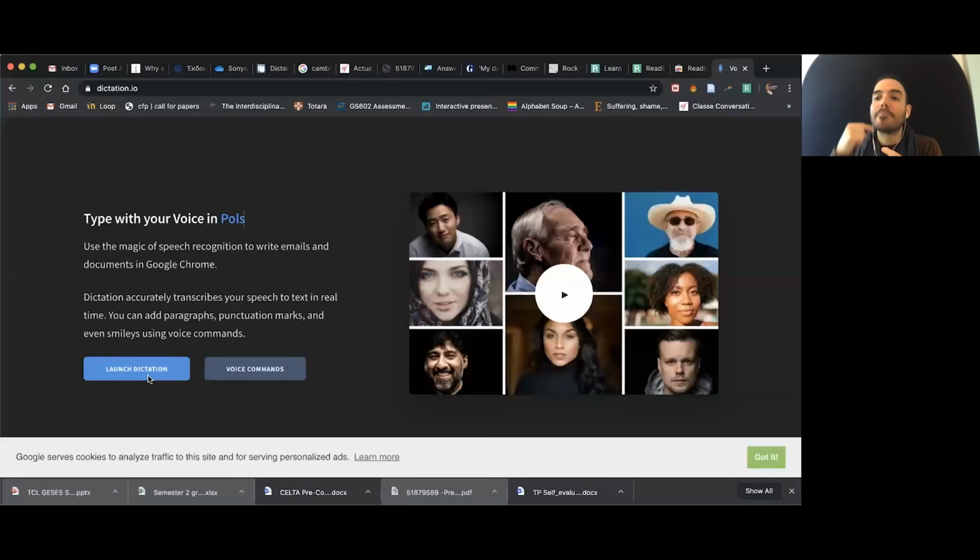Now, if you talk about festivals on your own, the computer starts writing. You can check if what the computer writes is correct. It means your pronunciation is clear. If your computer does not understand some words and it writes something else, it means you need to focus on the pronunciation of these words.